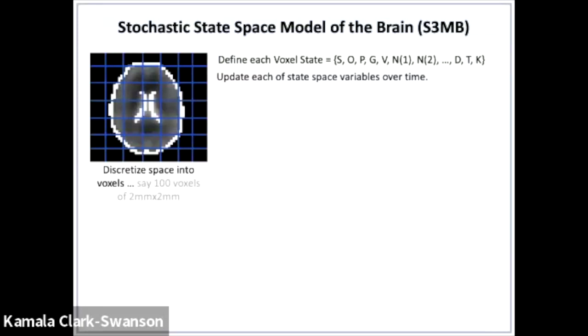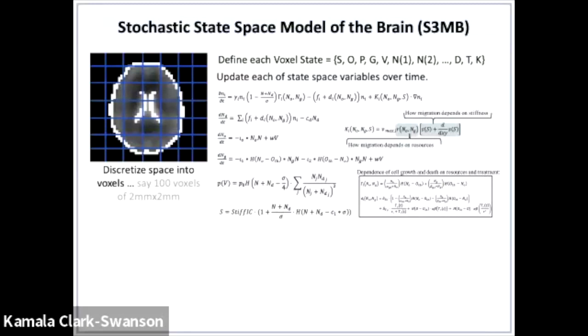You break it up into these voxels, and then you define each voxel state by the values of the different elements I talked about: different cells, the oxygen, the glucose, and phosphate. Then you update the state of every element in each voxel using those equations. I'm not going to go through those equations, but we can talk about them in more detail if you want.